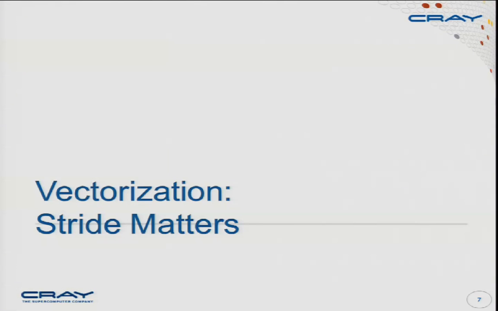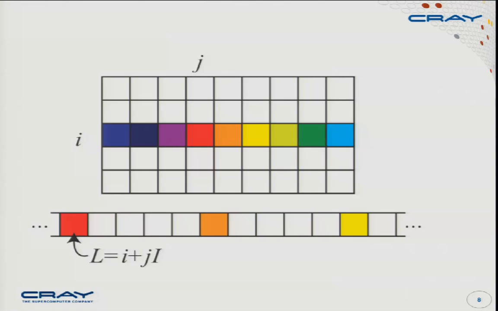So stride matters. I don't know how many people were around for and really got on the old Cray vector machines of the 90s and maybe early 2000s. Their stride didn't matter so much, or it was something you considered, but it didn't prevent vectorization. Well, in this case, it's really pretty important to vectorization.